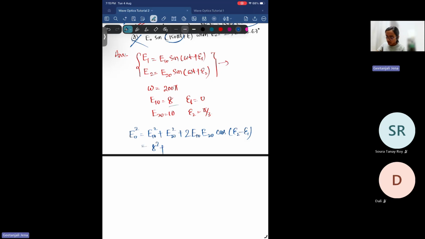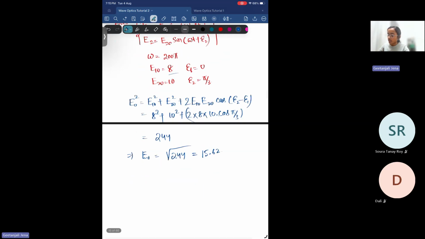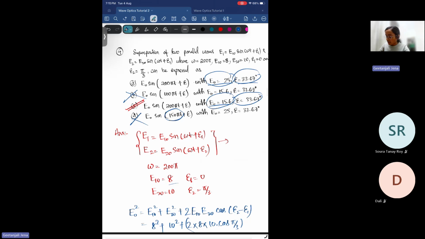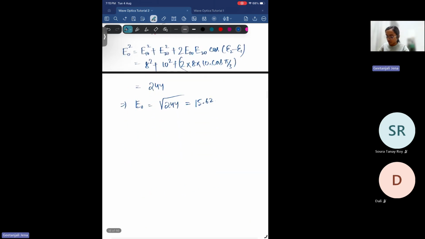It's 8 square plus 10 square plus 2 times 8 times 10 cos pi by 3. This will give 244. So E0 is square root of 244, which is 15.62. Okay, so that means the answer is option C.